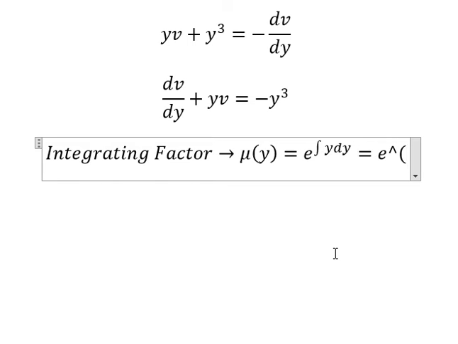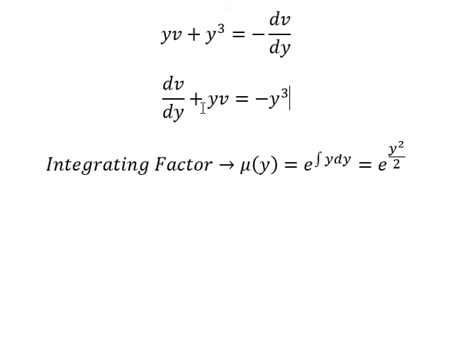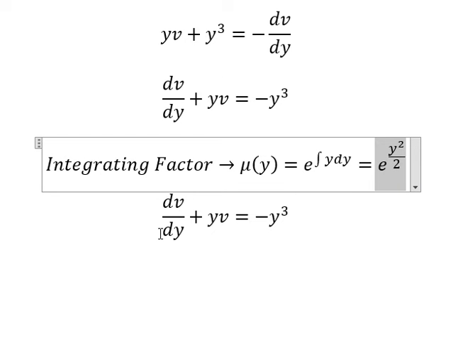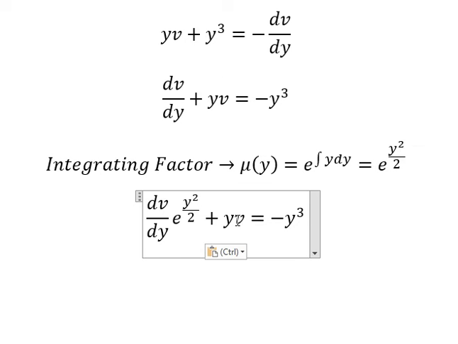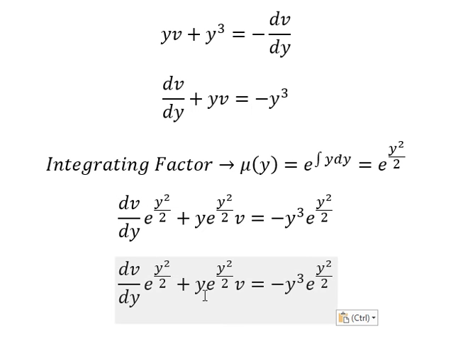And this one we have y squared over 2. So that means we multiply both sides by this one. Now we put the integration for both sides.